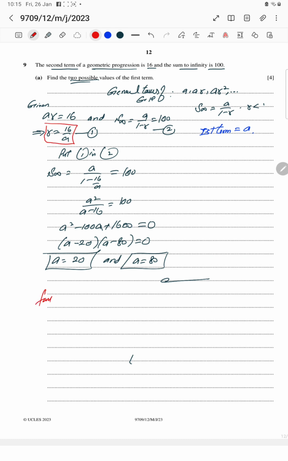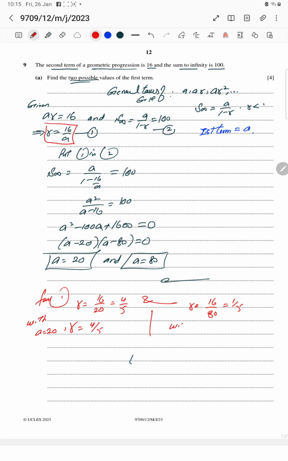So from 1, R will be 16 by 20, that is 4 by 5, which is the value of R with A equal to 20. And for A equal to 80, 16 by 80 gives me 1 by 5.